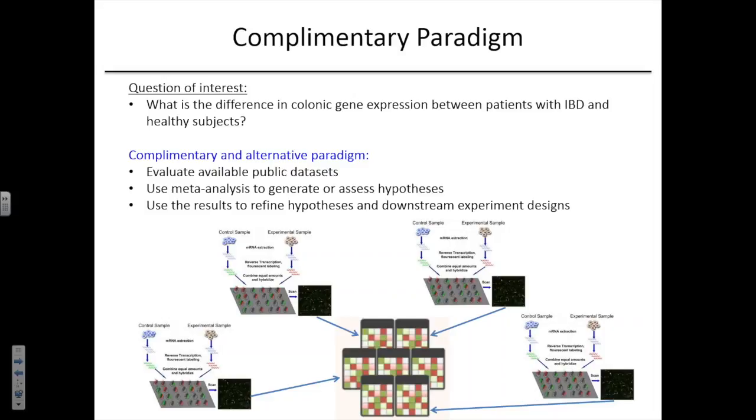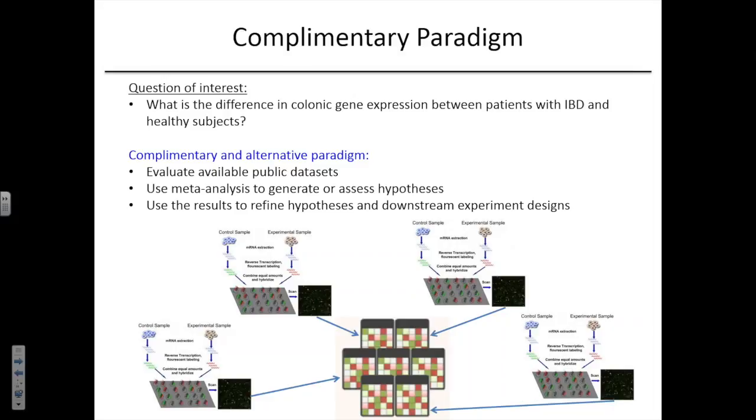And by looking at information and patterns across multiple data sets, can I derive consistent information or signatures? And then based on that, they would generate new hypotheses to follow up with either more data analyses or in some cases more experiments.